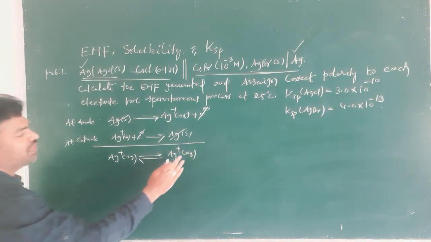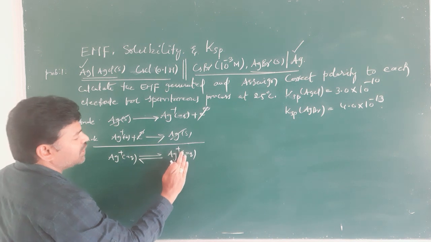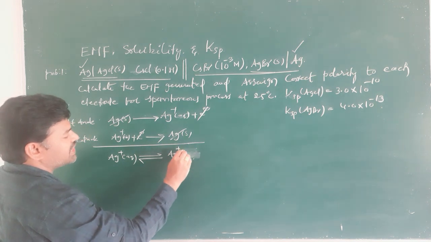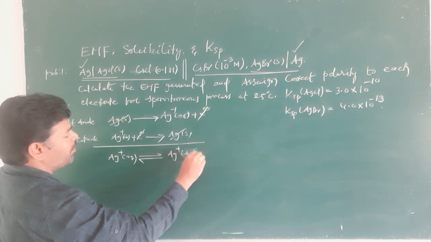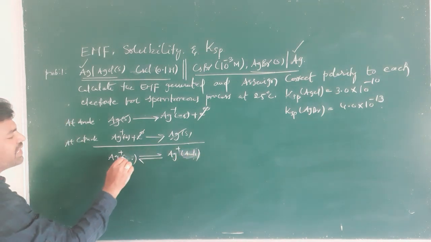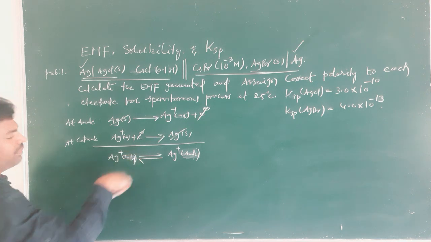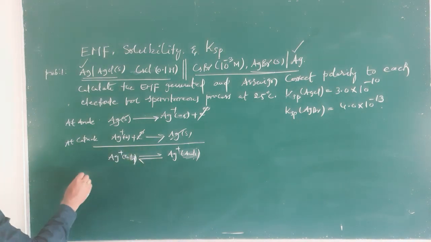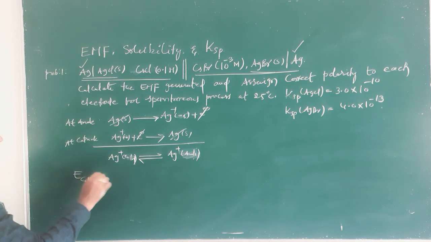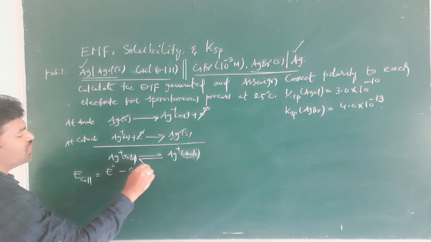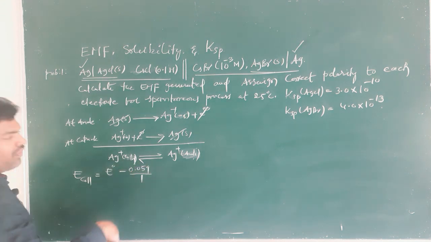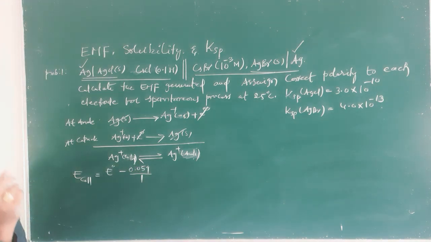Actually, it is better to write Ag plus concentration at the anode and Ag plus concentration at the cathode, right. So, the EMF of this cell is given by the Nernst equation: E cell is equal to E naught cell minus 0.059 by n log K, where n is the number of electrons transferred.